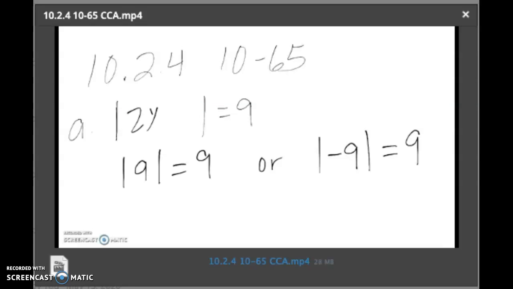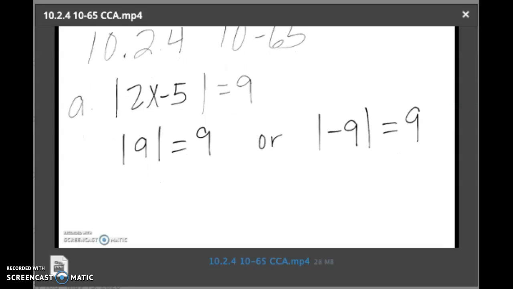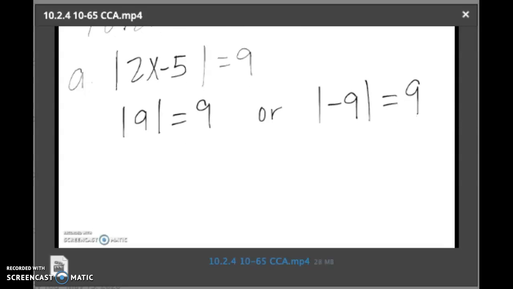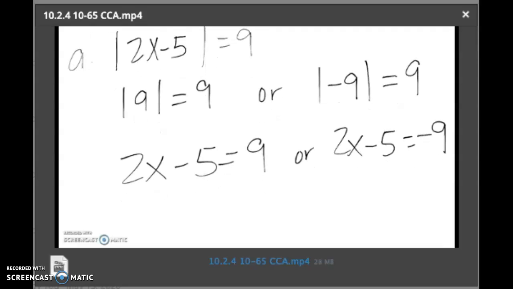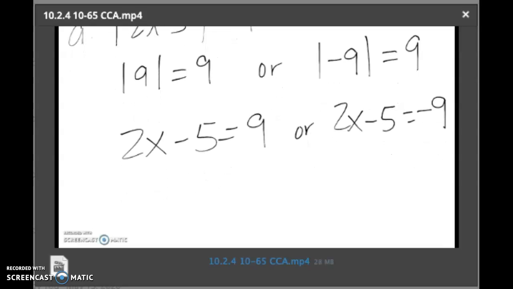Okay, so we really had 2x minus 5 underneath there. So I know that 2x minus 5 has to either be equal to 9, or 2x minus 5 has to be equal to negative 9. Then I'm going to go ahead and solve for x.